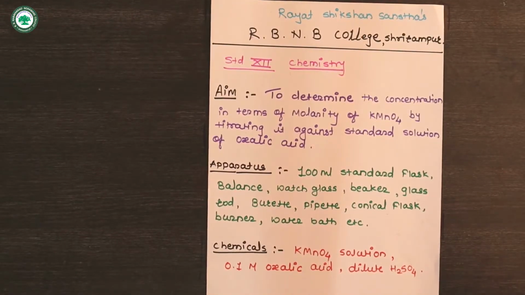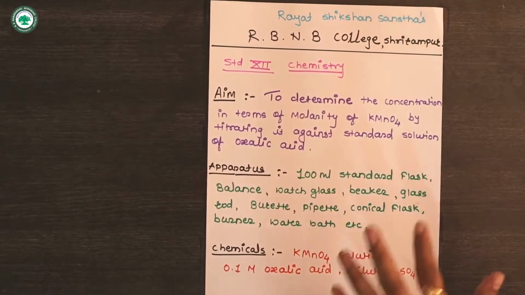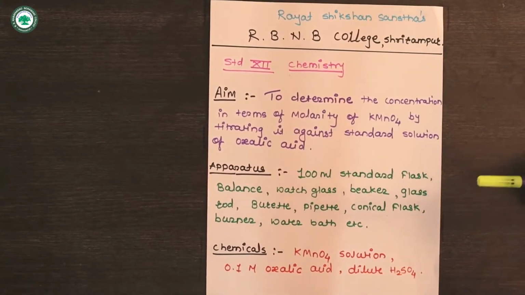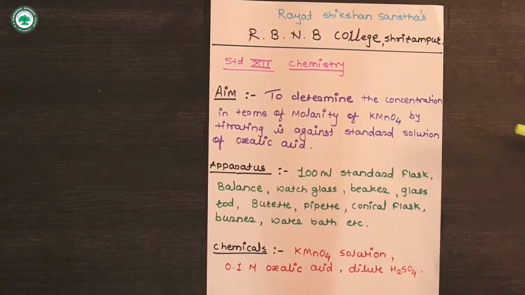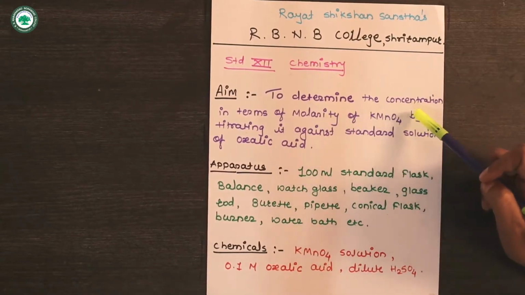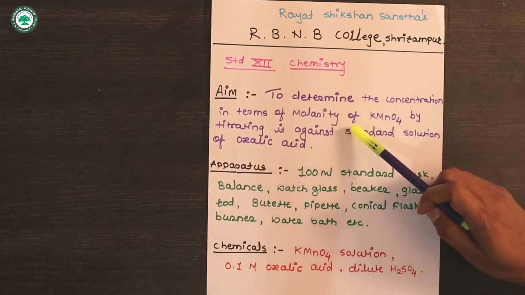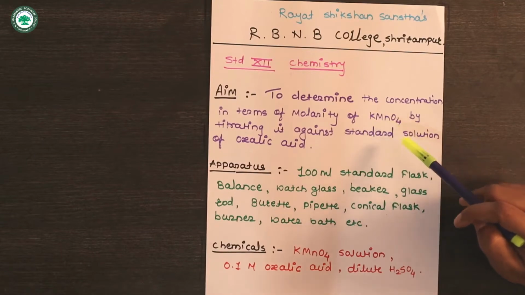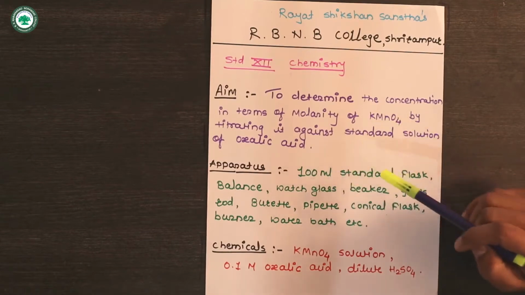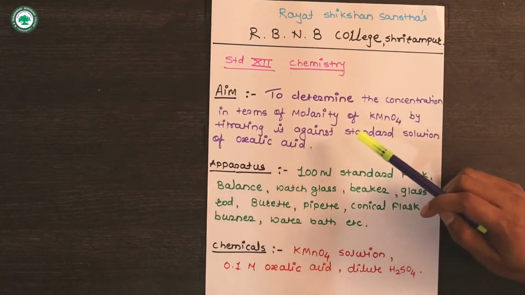In this Class 12 science chemistry practical, the quantitative estimation experiment, its aim is to determine the concentration in terms of molarity of KMnO4 by titrating it against a standard solution of oxalic acid.